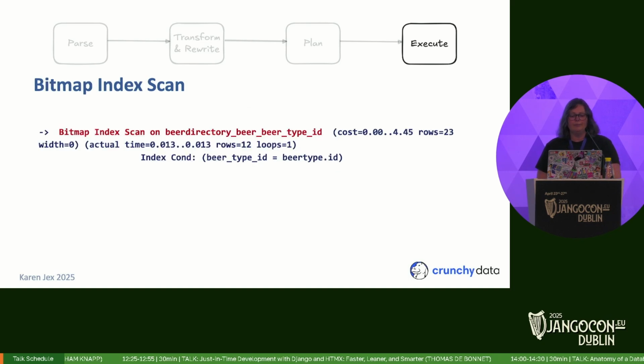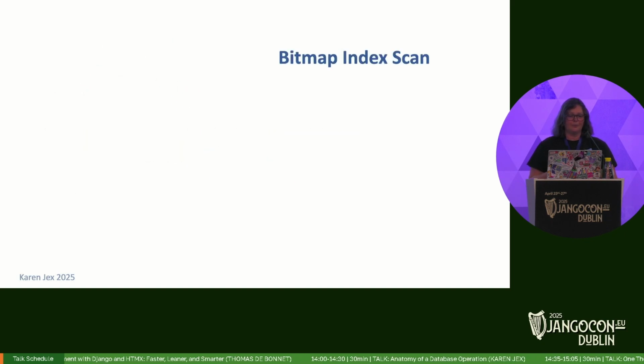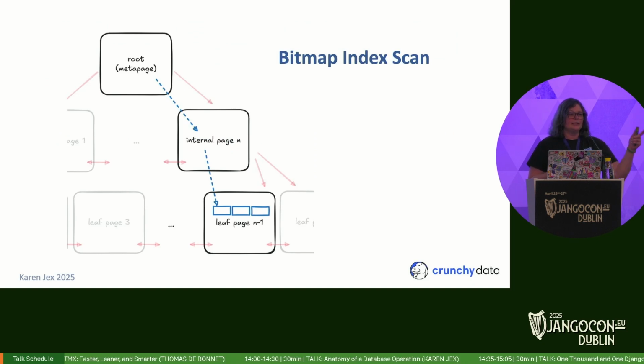Okay, next we had a bitmap index scan. That was on the index on the beer table's beer type ID column. This is going to traverse the index tree to find the entries that match the filter. So this time it's looking for the beer type ID that matches the value for Irish Red Ale, and it's going to create a bitmap of potential row locations.